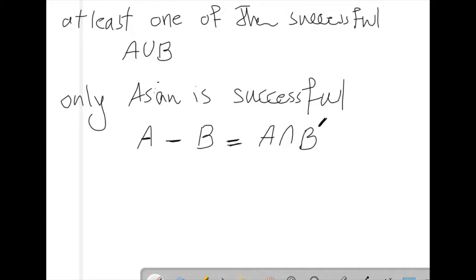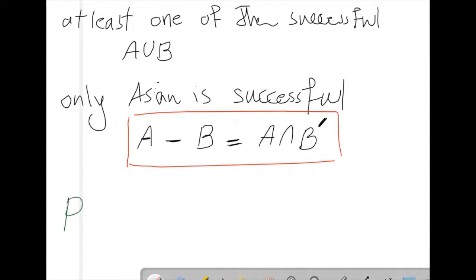We talked about all these equations before. So now we are going to calculate this. What is the probability that only Asian is successful, given that at least one of them were successful?